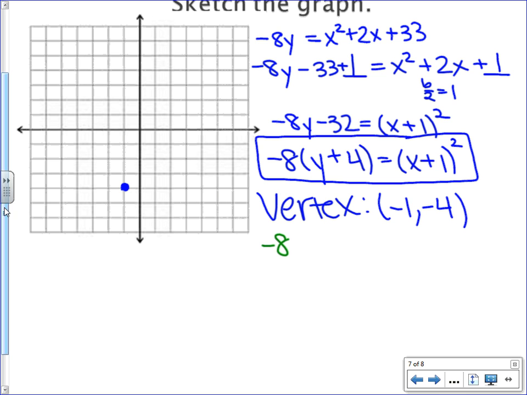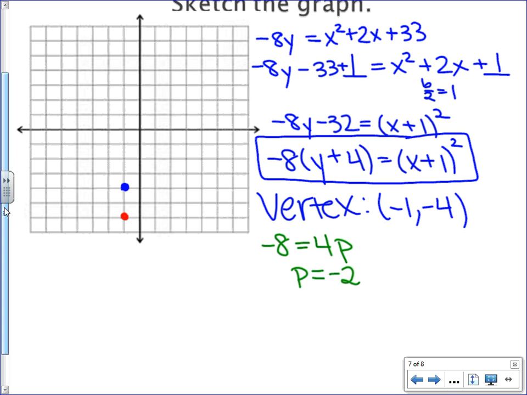And our coefficient always has to be 4p. What is p? Negative 2. Now, you told me that this is opening down, which is why p is negative, right? So since this is opening down, our focus needs to be 2 away on the inside, which means we're going to move down to plot our focus. Okay?